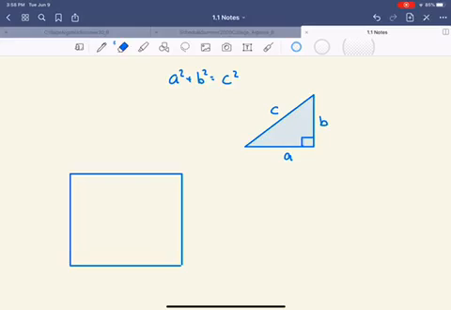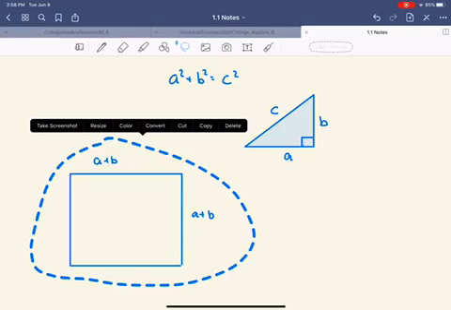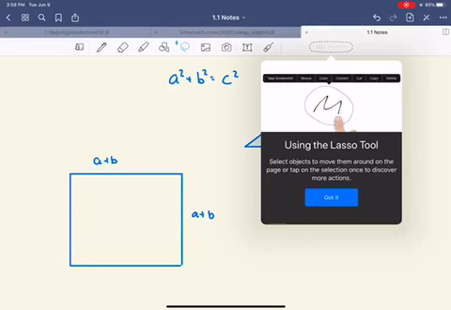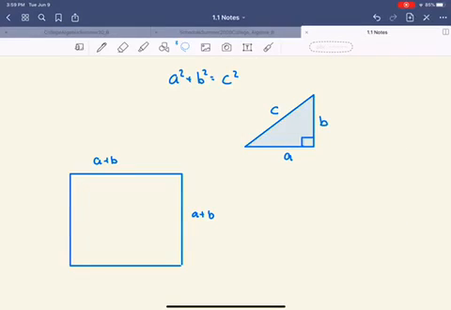Okay, so we're going to imagine that this square has sides A plus B. Okay, but we're going to split it up in two different ways. So first, let me see, I think I might be able to copy this. I don't think so. Never mind, we'll just do another one.